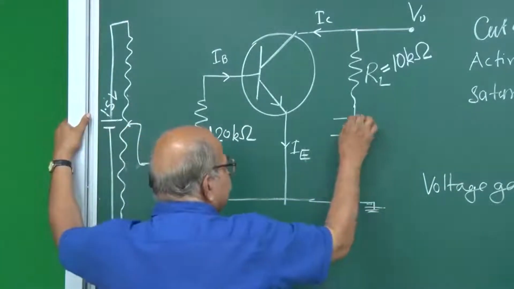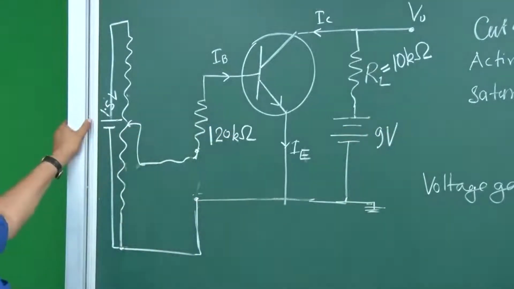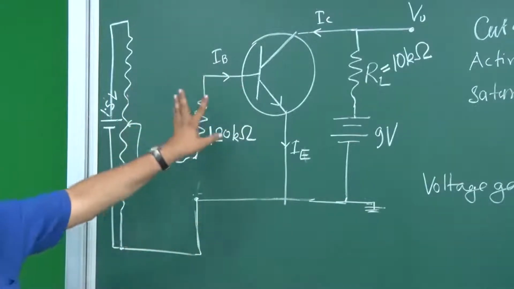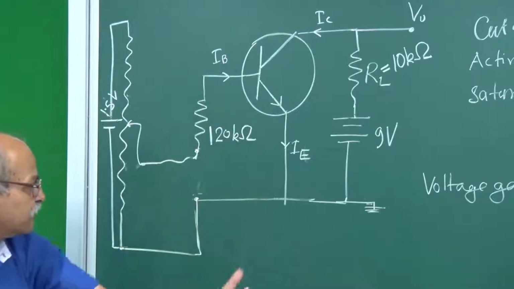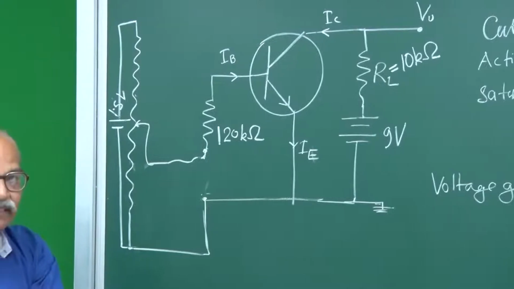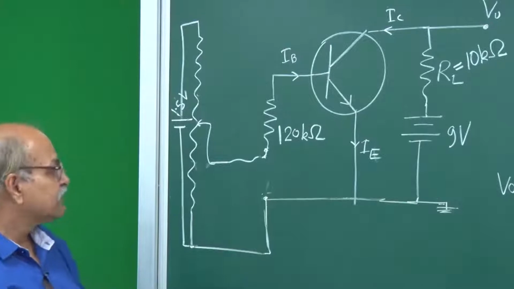This we will take as a 9 volt battery, which may not be exactly 9 volt, it may be 8.9 or 9.2 or something, but it is called a 9 volt battery, so we will use that here. So these are the values. Keep this circuit in mind, see how it is being assembled here, and follow each step closely to see how things are connected, and then we will make measurements.